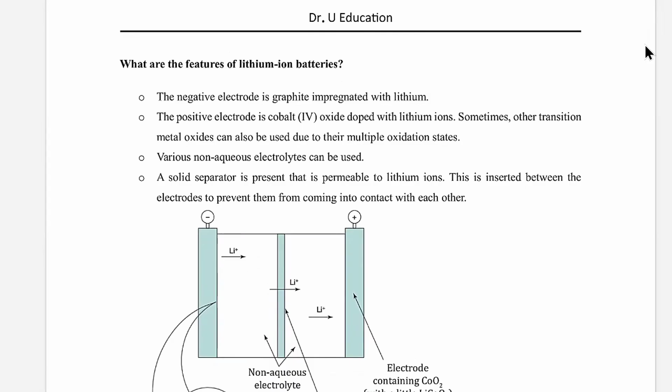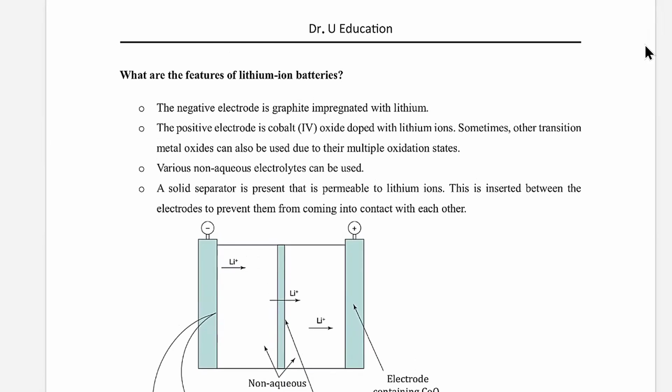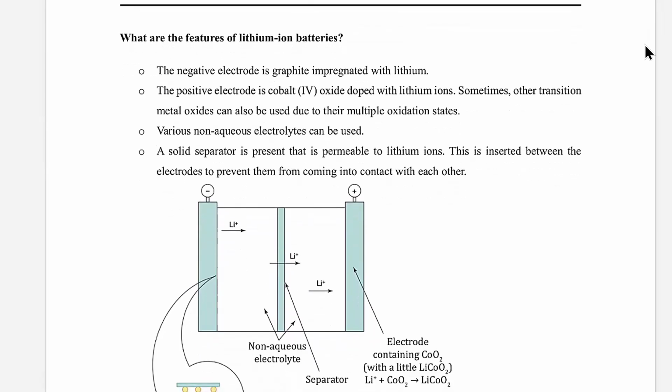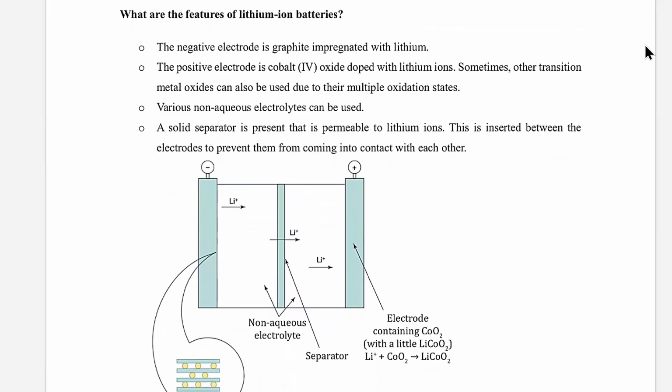They said impregnated with lithium. Is it combined, or is it not like that? It is not combined. The negative electrode is graphite.